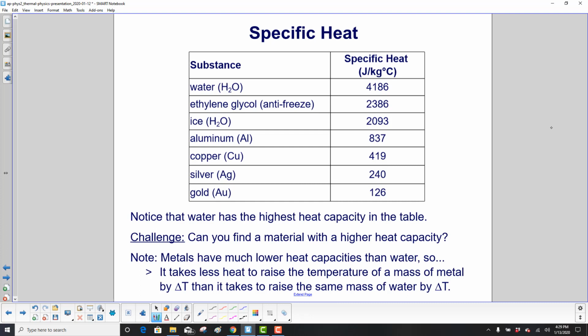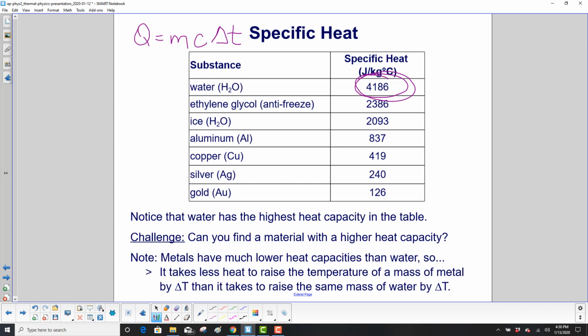Here's a table of specific heats for various items. And let's recall the equation for heat transfer first. Q is equal to m, which is the mass of the substance, times the specific heat, C, times the change in temperature we would like to affect. Note how high the water specific heat is, 4,186 joules per kilogram degrees Celsius.